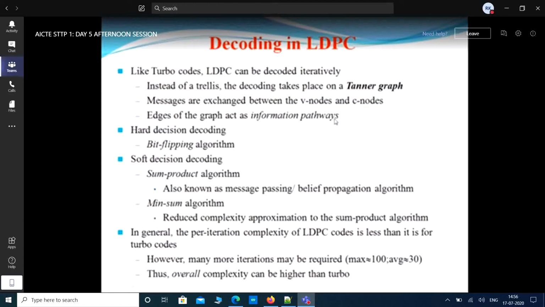Iterative means, suppose for the first iteration, what is the performance? For the second iteration, if the number of iterations increases, the performance also increases. Here the performance metric is with coding and without coding: without coding, what is the performance, and with coding, again SNR and BER only.